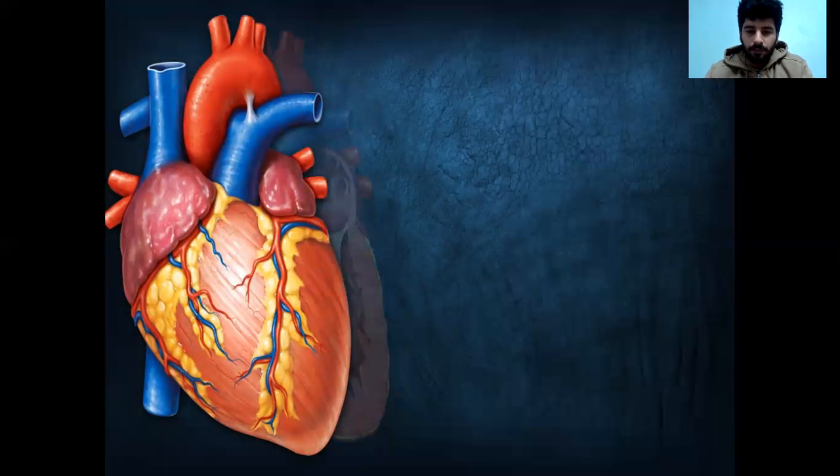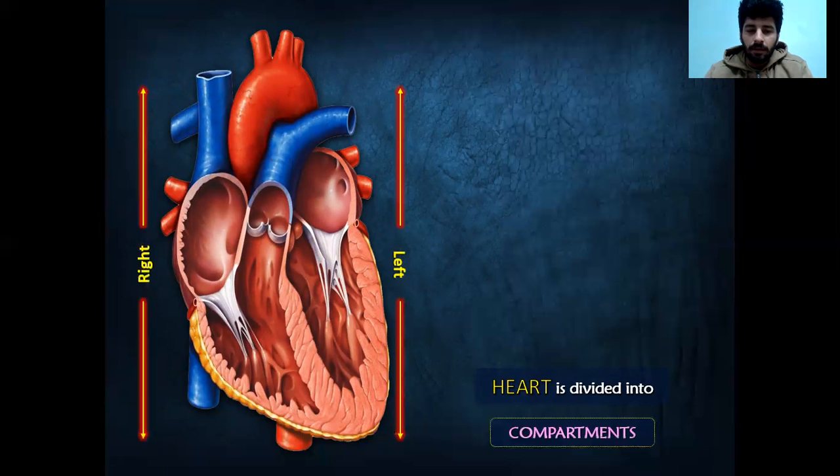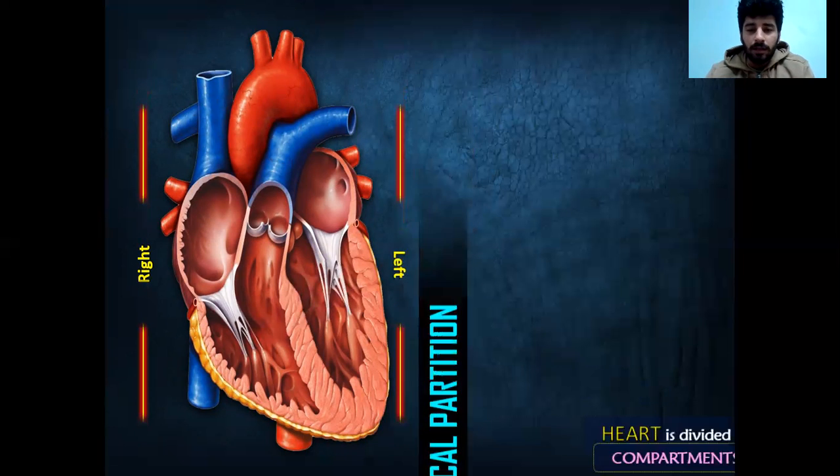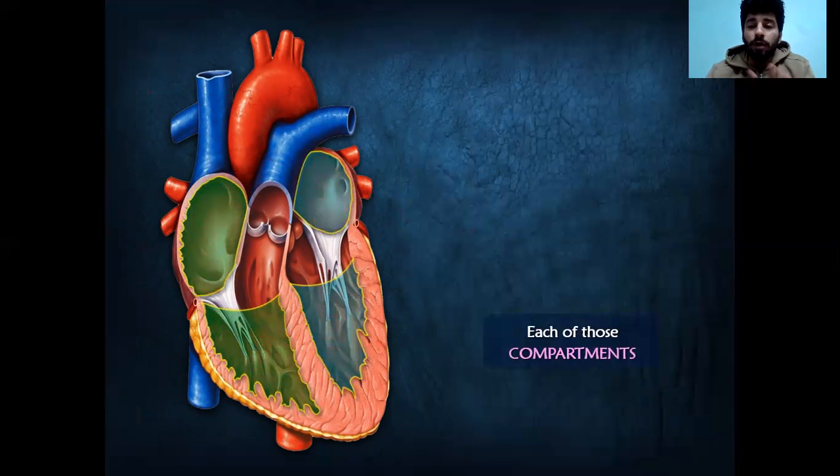Now when we look at the heart, we can internally divide it into two compartments, left and right. And then each compartment is further divided into two chambers each. So that makes our heart a 4-chambered heart.